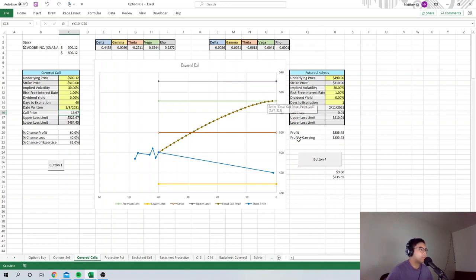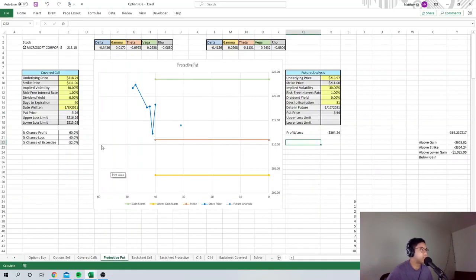Yeah, so that's fun. Okay, this is protective puts. So this is Microsoft, the underlying. A protective put is when you're again holding. These are all pretty conservative strategies for options.